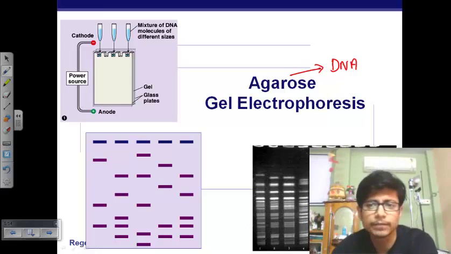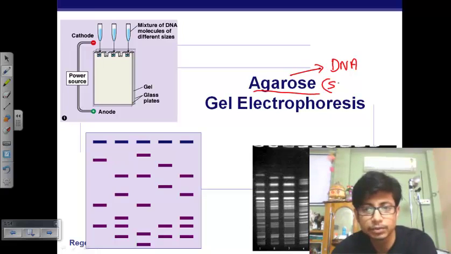So to understand the length of those DNA fragments, we need to run agarose gel electrophoresis. This process simply separates the DNA fragments based on their length using a polymer mesh, or polymer network, made with agarose. Agarose is a kind of sugar, a polysaccharide majorly.